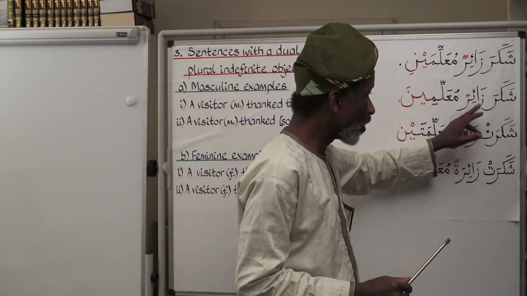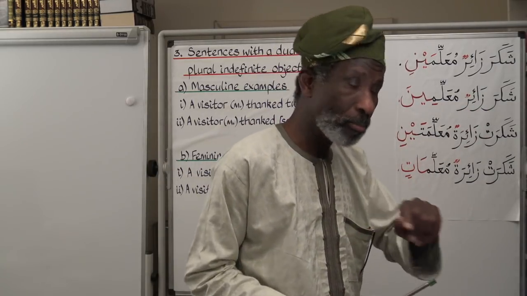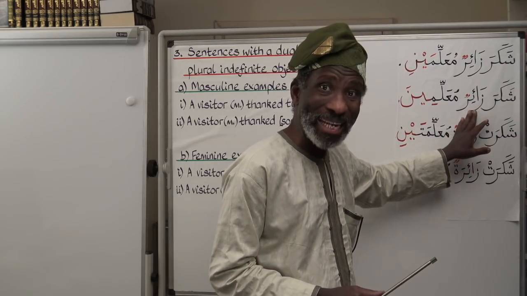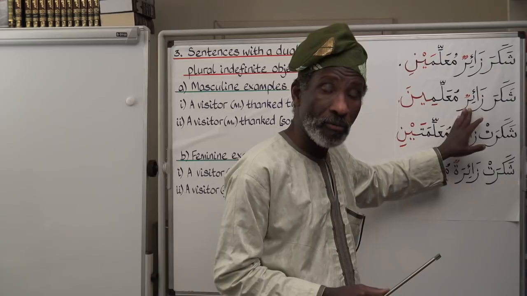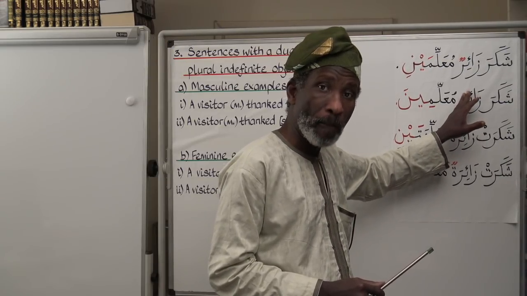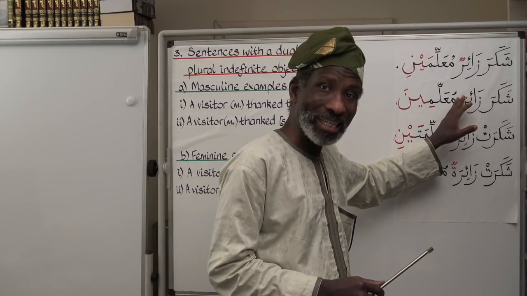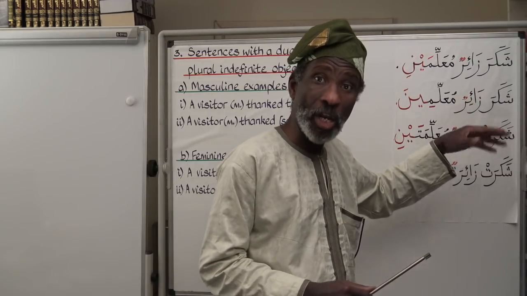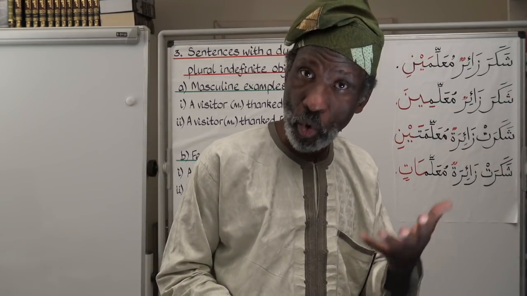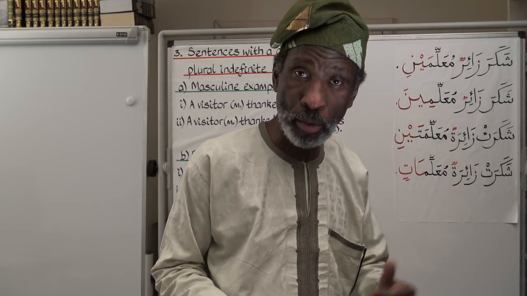So let's say we're going to show you later on, but let's just pretend that this is the plural as well, many teachers. So we convert that into una ending. We put the dhamma on the ra and then extend it using the waw and then nun, zairuna. That will be the subject plural, normal masculine plural.